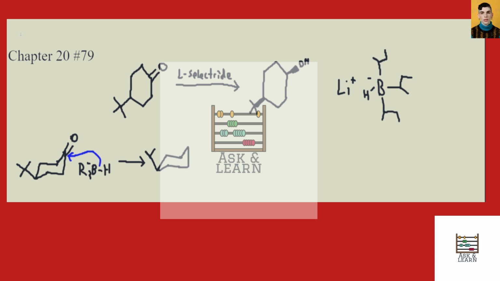Okay, so we end up with this, where our alkoxide that we form is here, and our hydrogen has been delivered so that it is now equatorial.